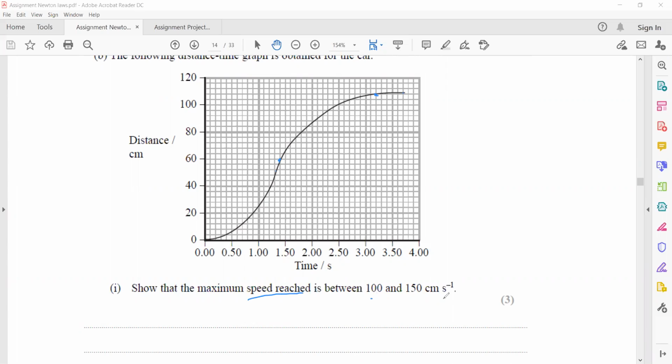The maximum speed is from 100 to 150. So that's the maximum value of the speed it reaches. For a distance-time graph, the slope represents speed. So first the speed will increase, then it will decrease, and eventually the speed will be zero because the slope is zero.